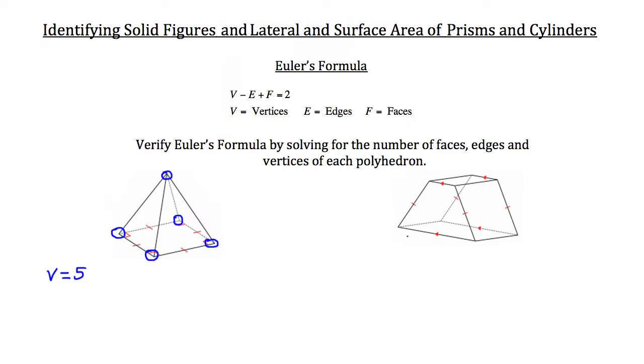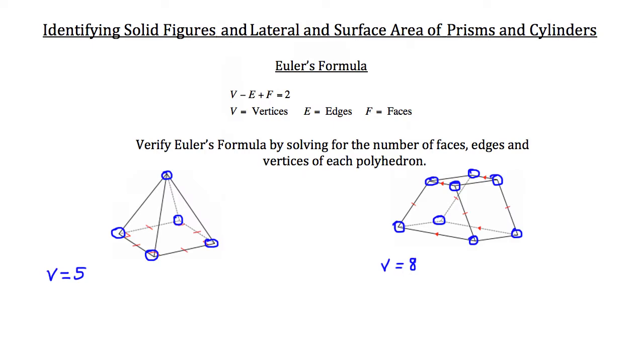Let's take a look at this trapezoidal prism on the right. In this case, we have 1 vertex, 2, 3, 4, 5, 6, 7, 8 total vertices. So I'll go ahead and write that here as well. In this figure, there are 8 vertices.